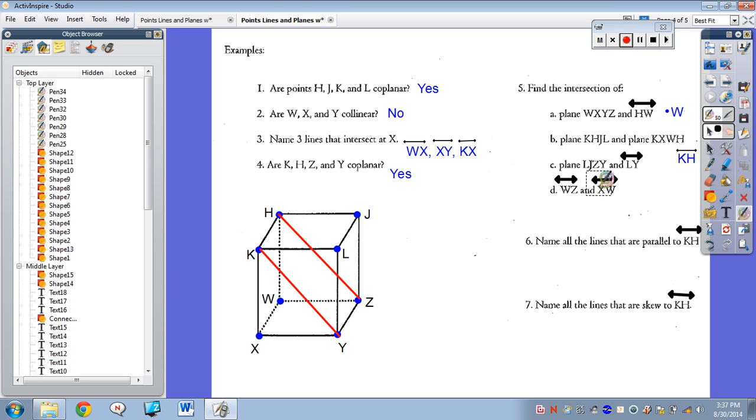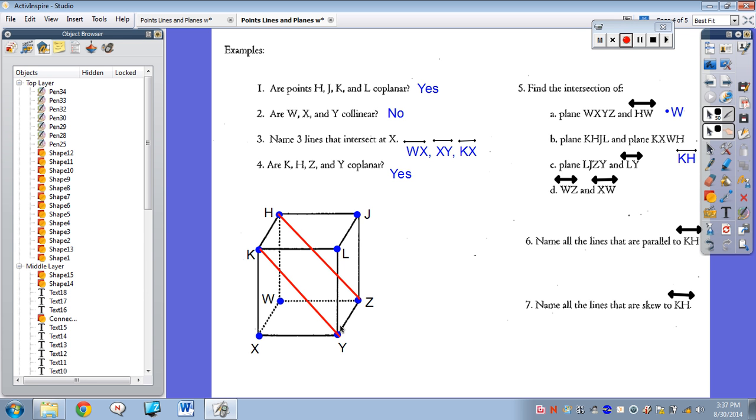Alright, then you've got plane LJZY, the right side of your cube, and line LY. So here's line LY. Like that one example we did, this line LY is actually on this plane that we're looking at.